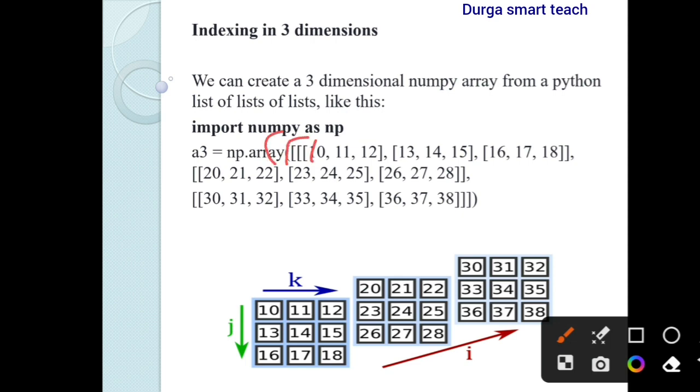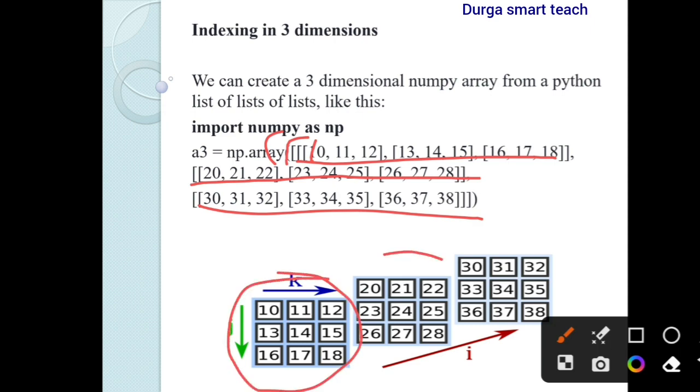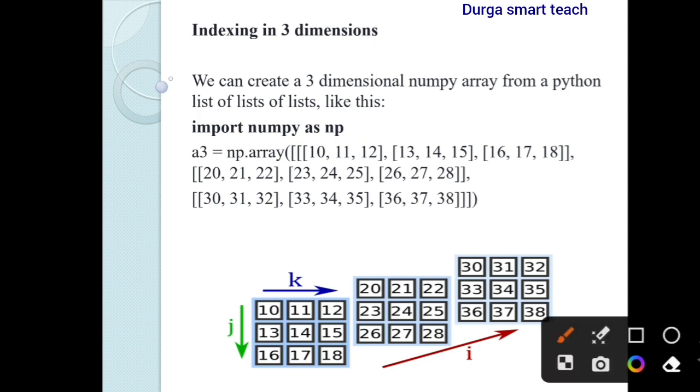So 10 11 12 13 14 15 16 17 18, this is one plane, and next 20 21 22, this is one more plane, and this is one more plane. So here it contains three planes. This is the 0th plane, this is the first plane, this is the second plane.